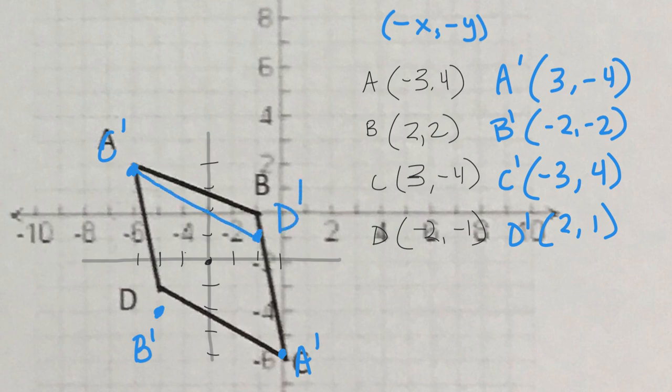So pretty similar to what we started with. Okay, so when we're doing these rotations other than the origin, we're going to use the same rule of rotation as if it were the origin.